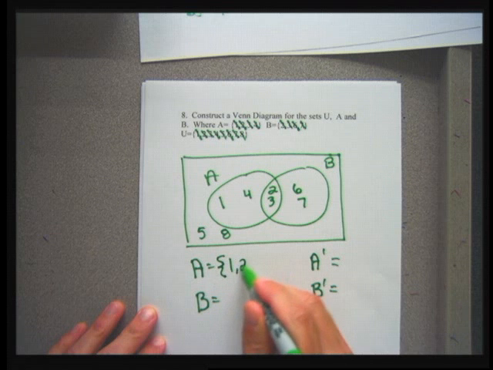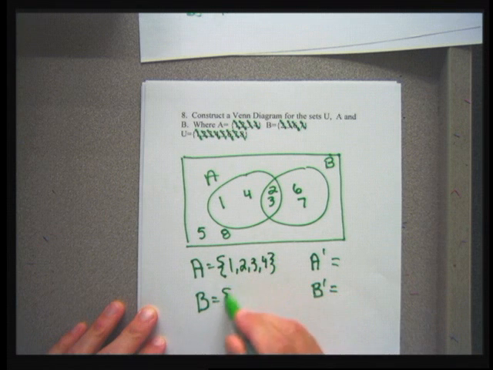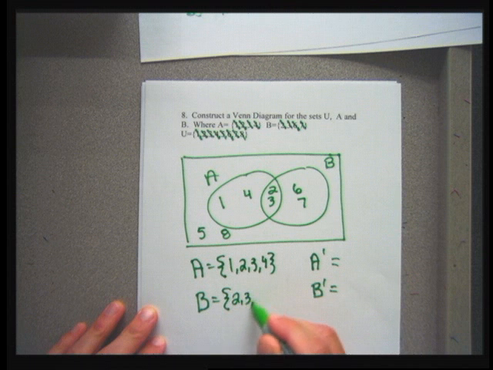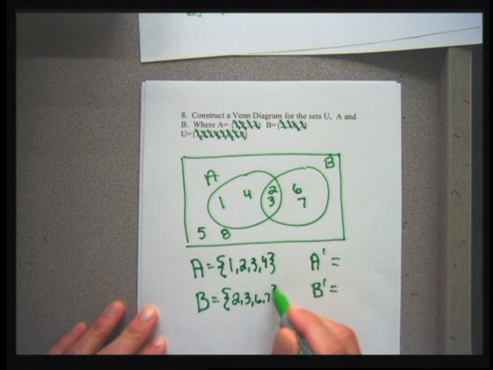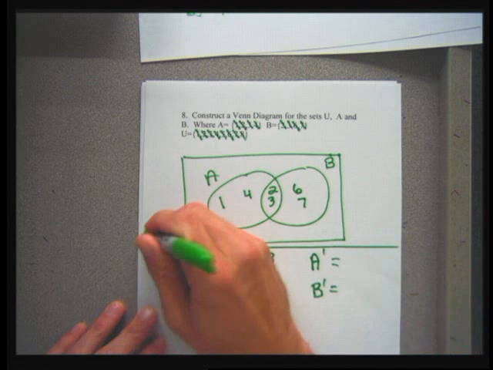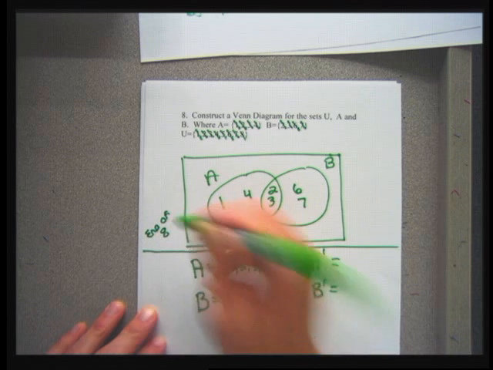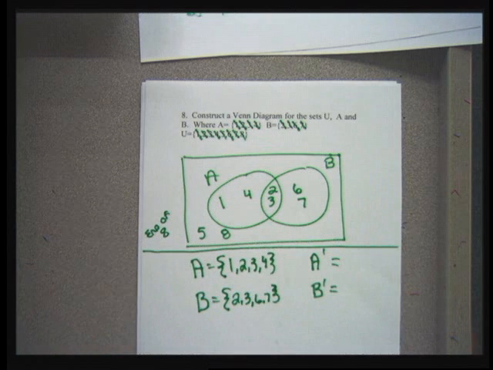In this case, 1, 2, 3, and 4 for A, 2, 3, 6, and 7 for B, and I need to know the primes. So what I'm doing now, I'm done with problem 8. This is the end of 8, and I'm preparing to do problem 9.